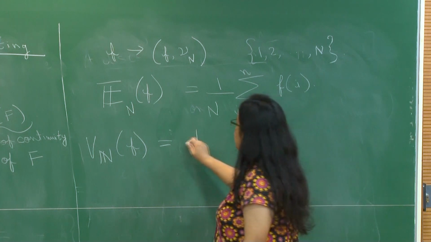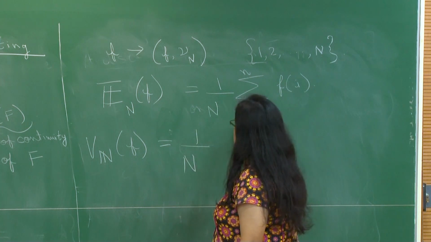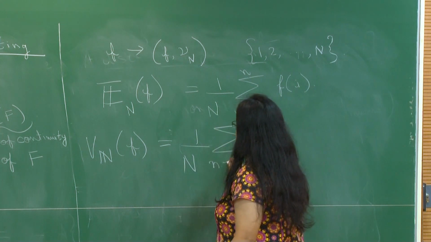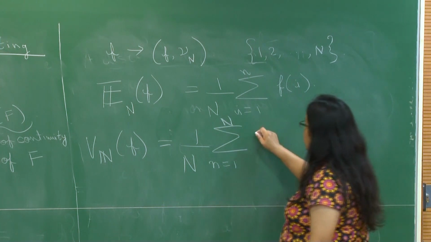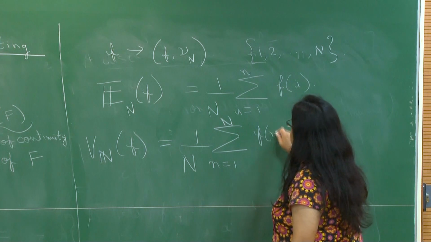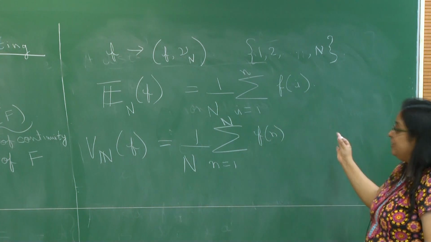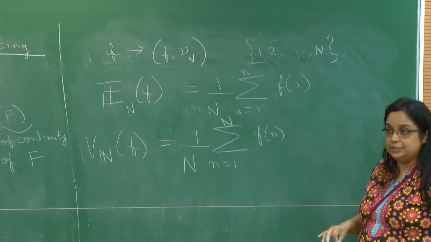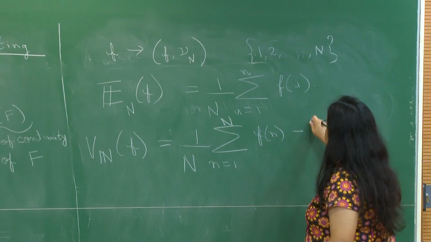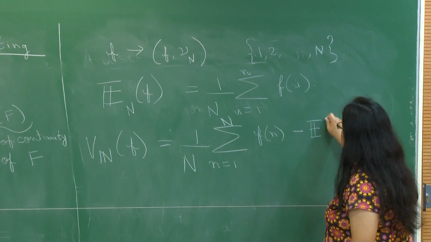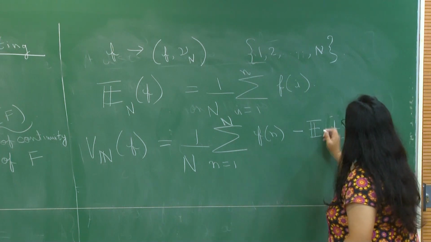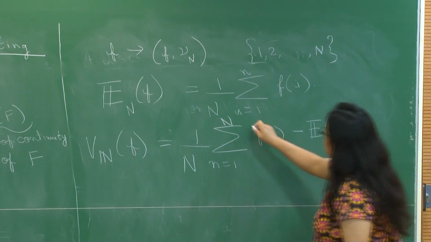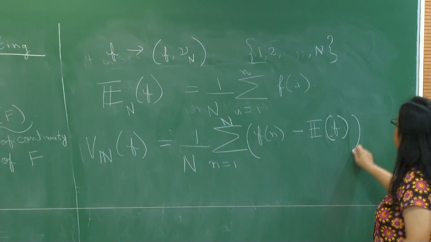It is 1 by n summation, so little n going from 1 to n, of f of n minus E of f, whole square. Variance studies the amount of deviation from its expected value. Here we denoted the expected value as E of f.